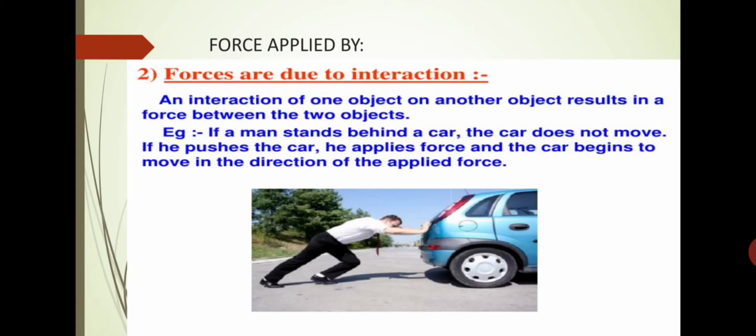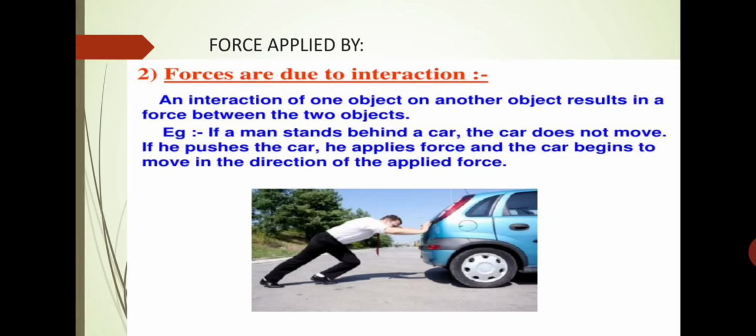Here the man is pushing the car from behind. At first the car is in a stationary position, at rest, and when we push this car, it moves from its position. So the car begins to move in the same direction in which the force is applied.